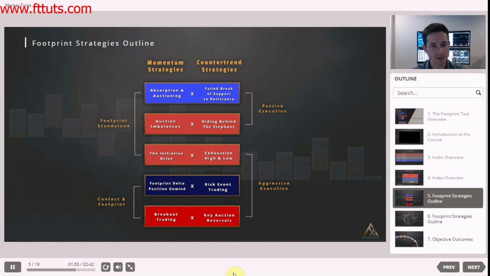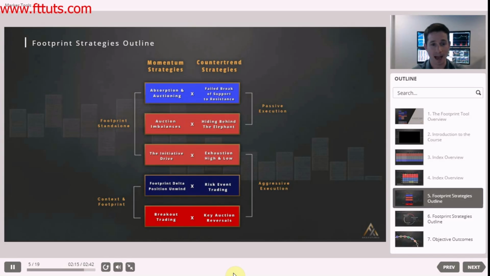Now, in terms of the momentum strategies, some of the Footprint standalone strategies you will see are absorption and auctioning, auction imbalances, and the initiative drive. In terms of then the more contextual and Footprint trade strategies on a momentum side, you will see the Footprint delta and position unwind as well as breakout trading.